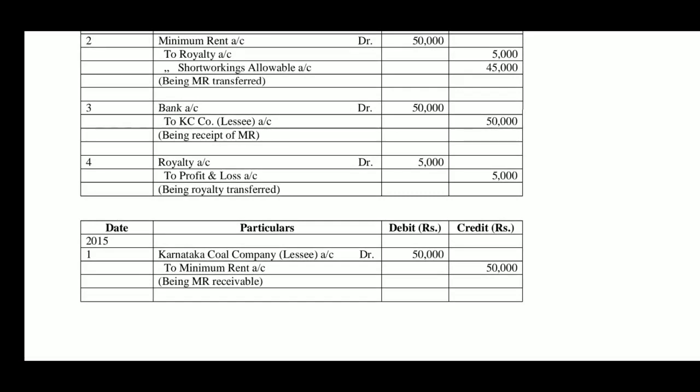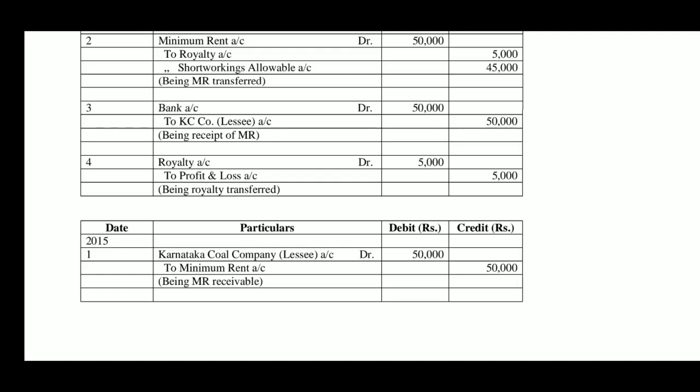So, short workings is only 10,000 here. So, with the amount of the minimum rent now receivable, it is recorded, then it is transferred to royalty and short workings allowable account. So, first entry, the lessee Karnataka Coal Company account debtor to minimum rent account with the amount of minimum rent 50,000 rupees, being minimum rent receivable.